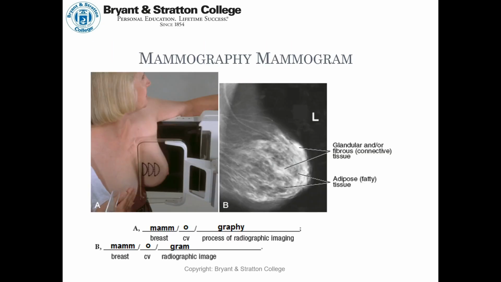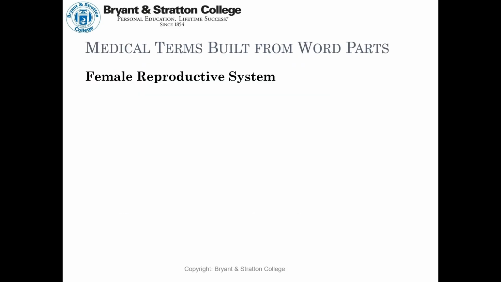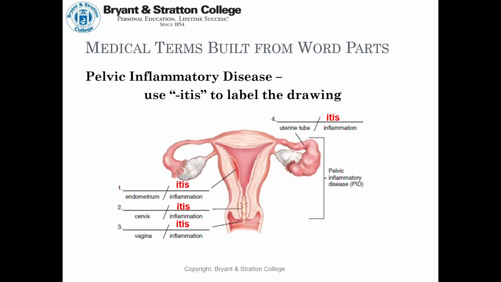What you see here, again, is a mammogram, basically looking for any dysfunctional growth in breast tissue. Again, more conditions. Inflammation of the endometrium, endometritis.